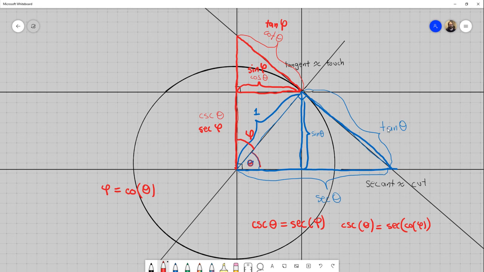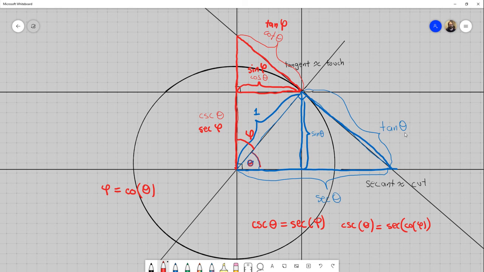So we get a little bit of insight into where those words come from. But we also see a picture where we've got all of the non-co lengths on one side and all of the co-lengths on the other side. So we can see how the co's go together and the non-co's go together.